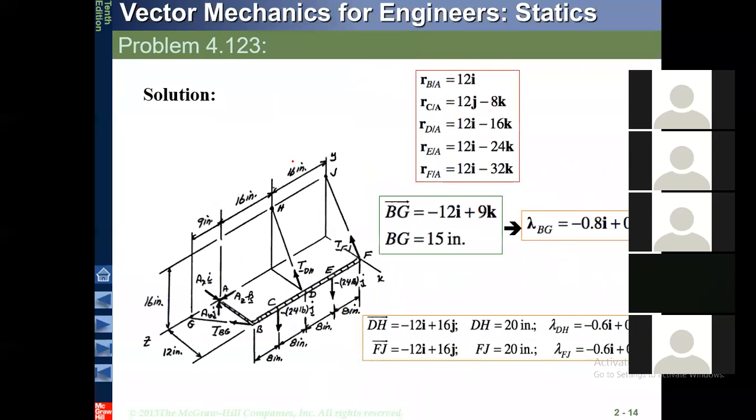Well, in this case, you have 6 unknowns. You have to be careful about the equations you want to write. For example, you can write sigma F of X is equal to 0, but you're going to have one unknown AX, and also you're going to have 2 unknowns for these two cables and also this TBG, which has the X component.